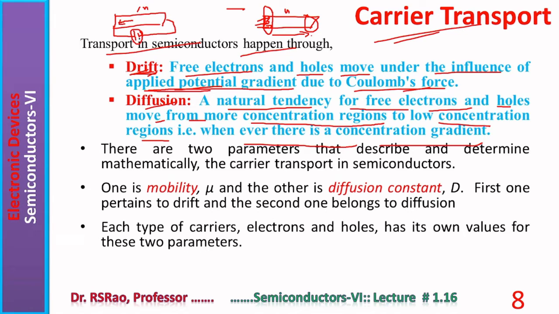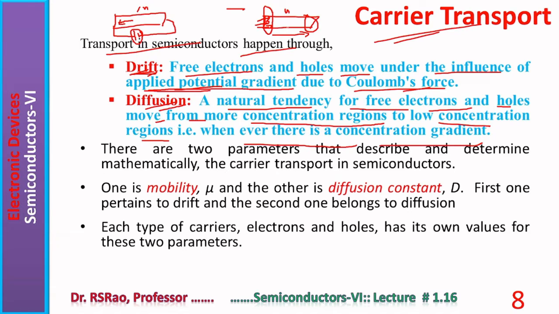Natural tendency, it is a natural phenomena. Diffusion happens for electrons from high concentration regions to low concentration regions. They just move. It is a natural phenomena. This phenomena is called diffusion. So diffusion is another phenomena that causes movement of carriers.